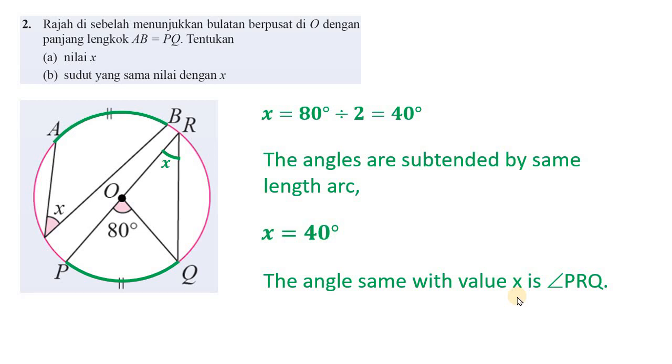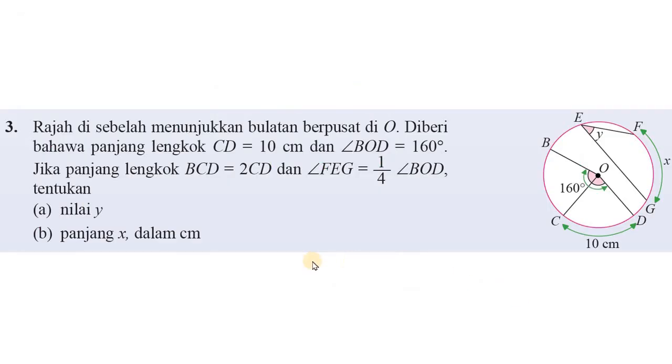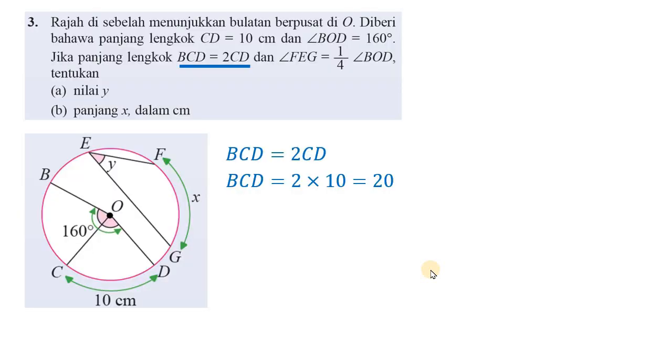So we will continue to question number 3. Question number 3 gives you a lot of information. We are going to see the information and draw it onto our diagram. The first information says the arc BCD is 2CD.